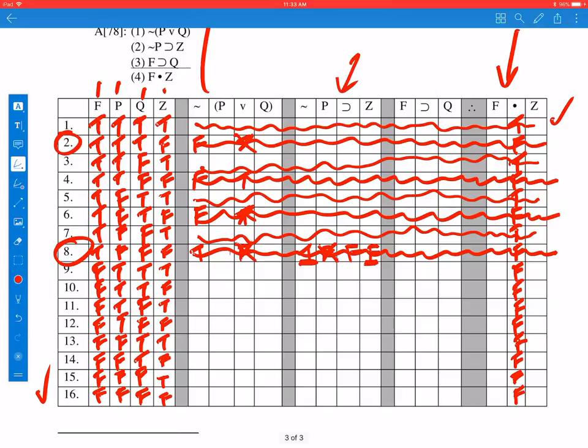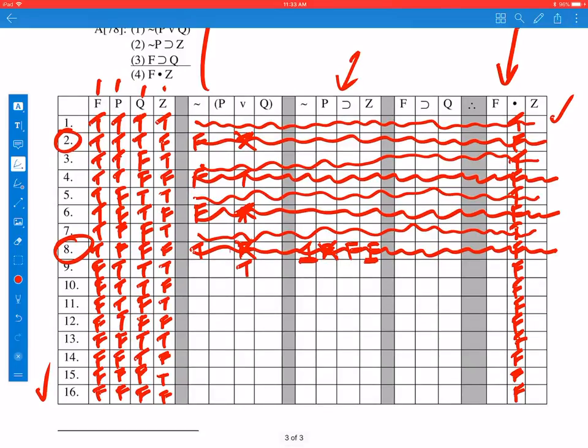On 9, P is true and Q is true, so the disjunction is true, but we have to negate it. So the first premise ends up being false, and therefore we can eliminate this line. Remember, we're searching for a line, an interpretation where all the premises turn out true and the conclusion is false.